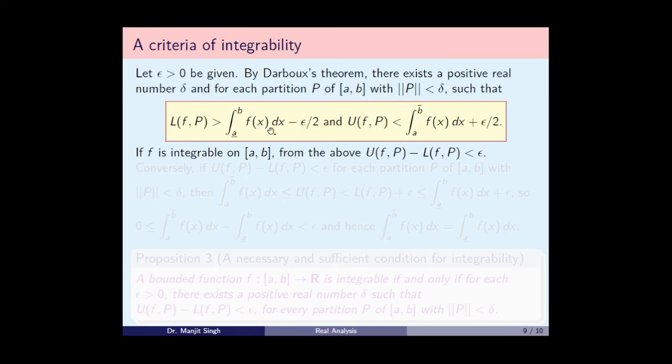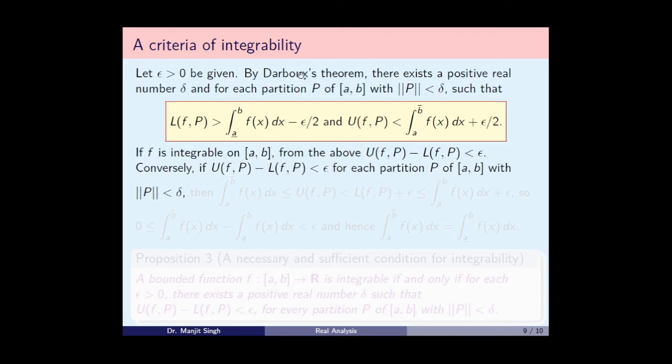Now if you take upper sum minus lower sum, that is minus LFP less than minus lower integral plus epsilon by 2, and if you add these two things, then you will have epsilon plus epsilon. So this is epsilon value here.